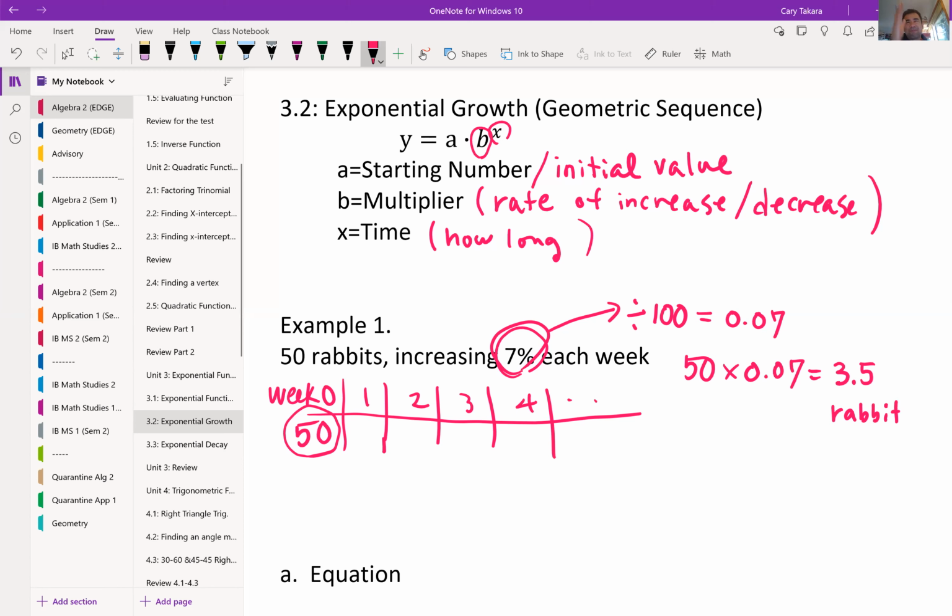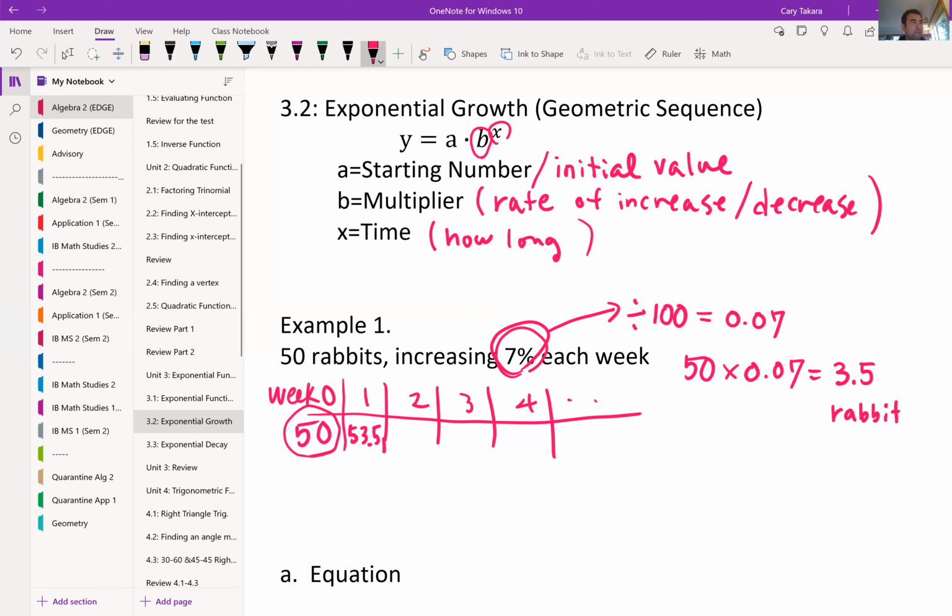I know we don't have half of a rabbit, but we're talking about more of a statistic standpoint of view. So let's just leave it as a decimal. So you're going to have 3.5 more rabbits at the end of the first week. So it will be 53.5.